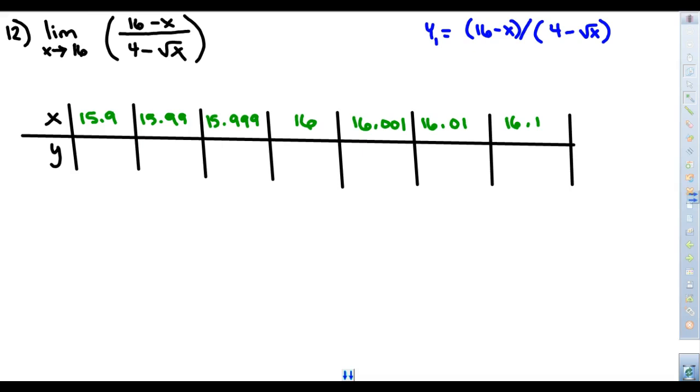15.9, 15.99, 15.999, 16, 16.001, 16.01, and 16.1. Okay, and woo, I'm getting some big crazy numbers here. 7.9875, 7.9987, 7.9999, something like that.